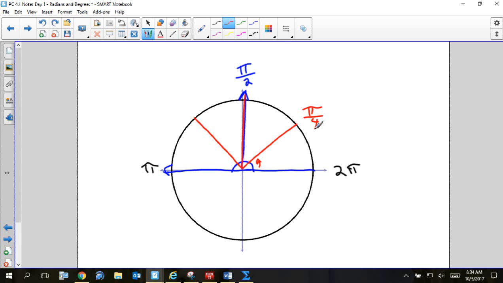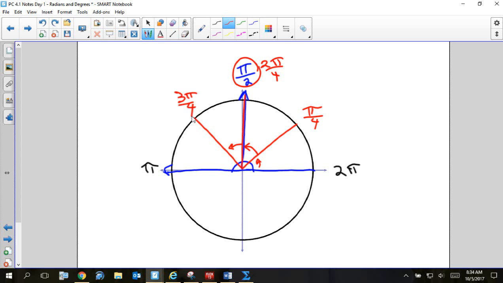And then if I start at the beginning and I go 2 of these sections, 1, 2, then I've got 2 pi over 4s, which is pi over 2. And if I took this pi over 4 and I went 3 sections, pi over 4, pi over 4, pi over 4, that's 3 pi over 4s.